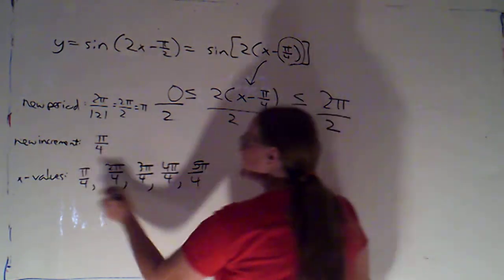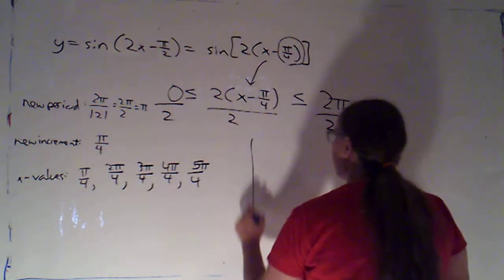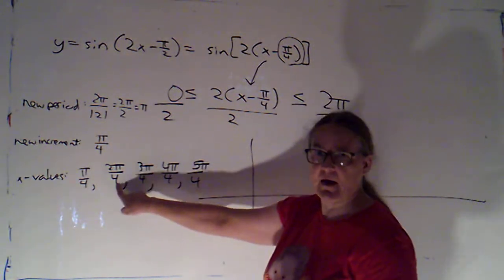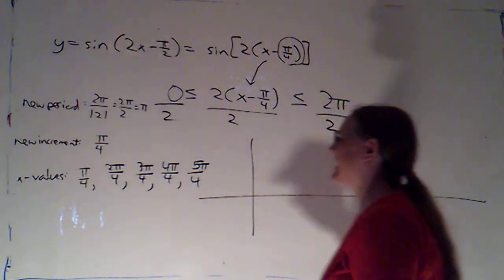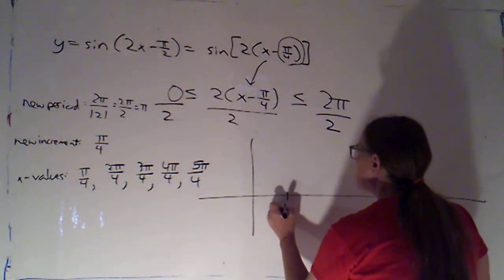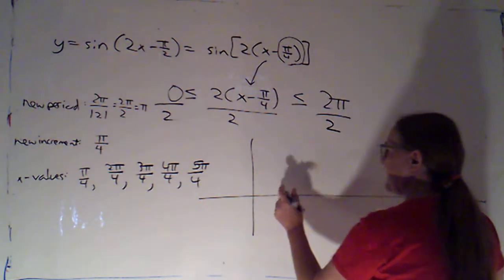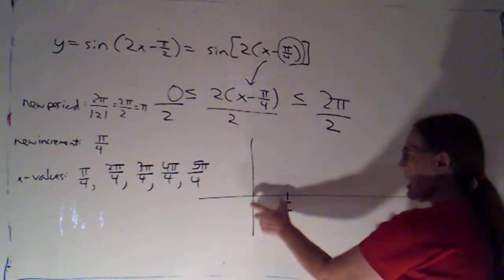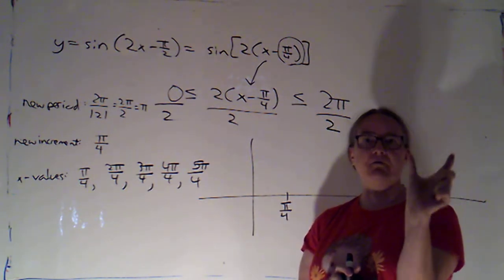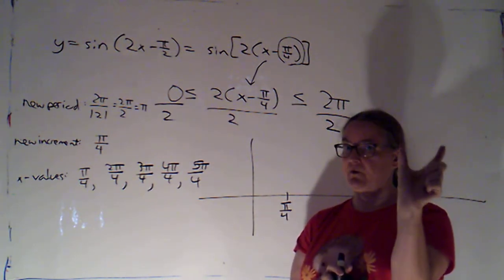Okay. Now, of course, some of these can be reduced. So when I mark those off on the x-axis, I'm going to go ahead and give the reduced versions. So I'm starting at pi over 4. Now, do be careful. As soon as I indicate that that's pi over 4, I have indicated that this distance is pi over 4. I need to respect that for the rest of things.